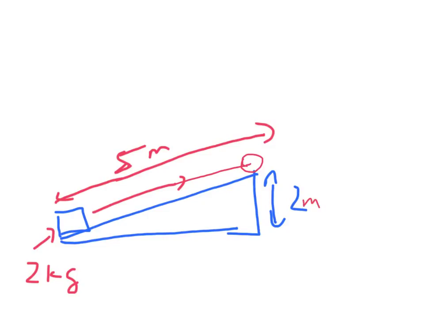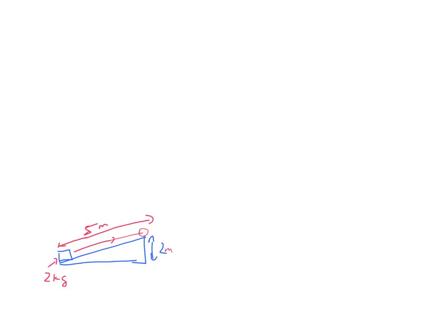The mass of the block is 2 kilograms, and the distance from the bottom to the top is 5 meters. So let's recap. All the work done by the pulley will be transferred to potential energy, plus because we're including friction, some of the energy will be lost due to friction, because we all know that friction wastes energy, and it wastes energy in the form of heat.